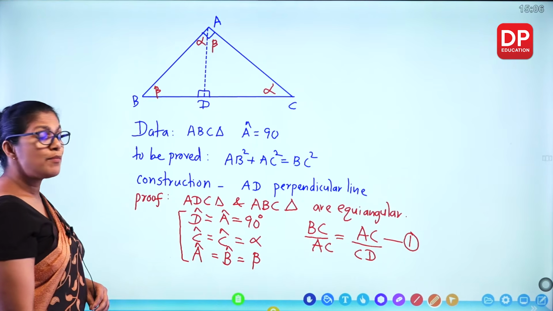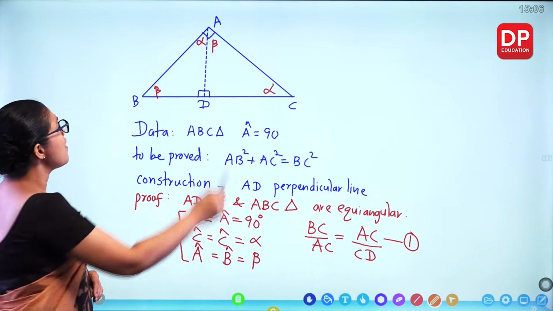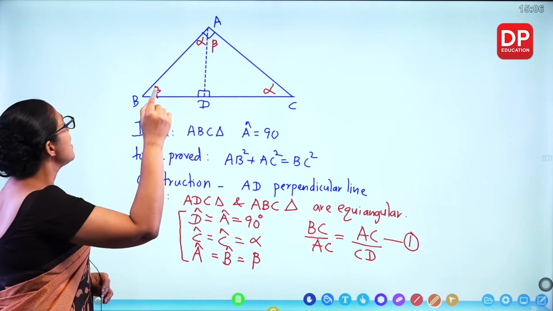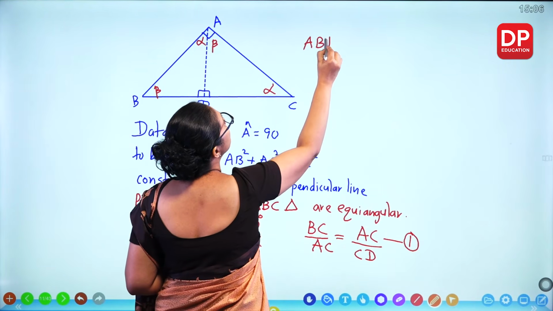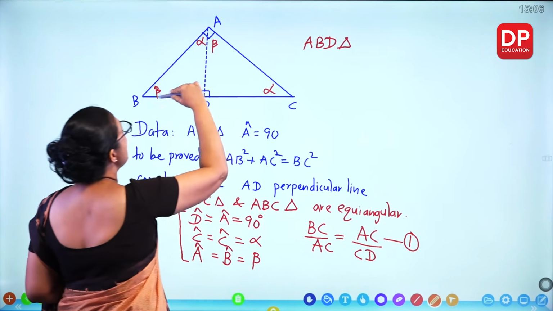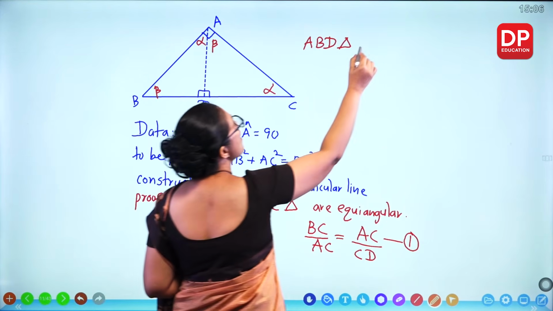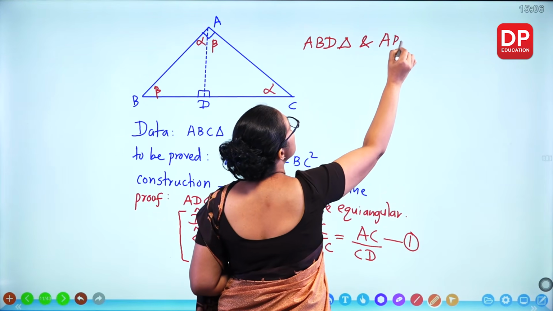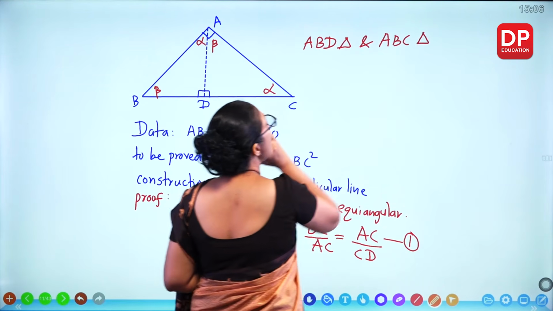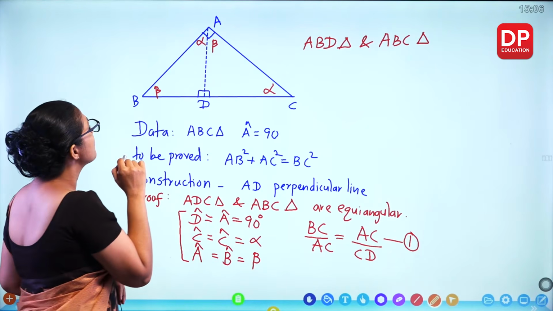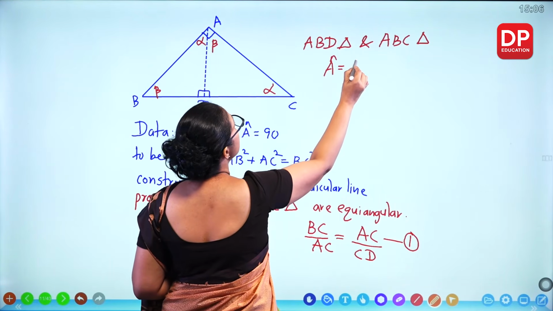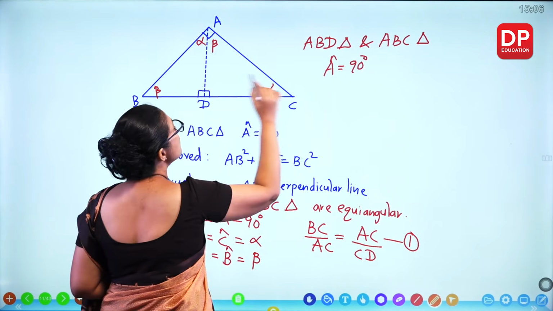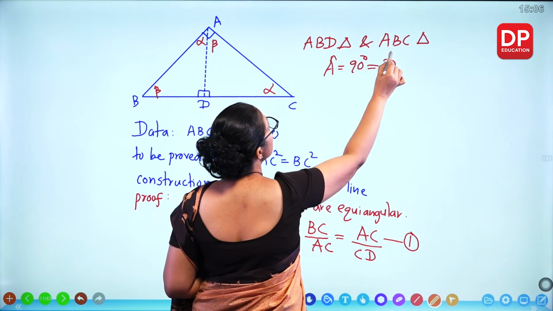Then I am taking the other two triangles, the other one and the big one. ABD triangle and ABC triangle. So similarly, I can show that these two are equiangular because A angle is 90 degrees. That's equal to D angle in this triangle.